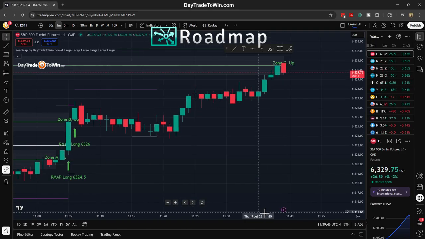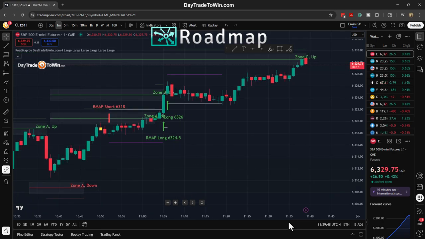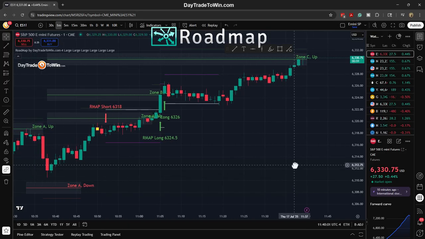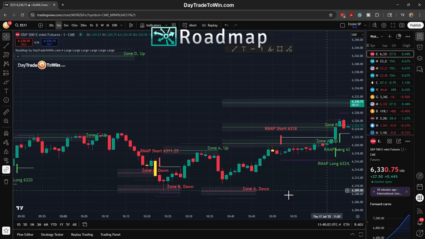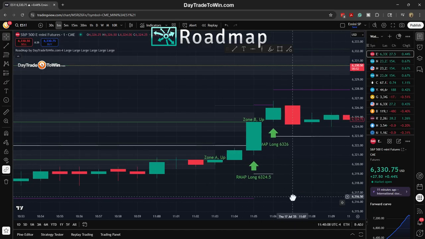And with the roadmap, you can see that the same thing is occurring. The market is coming into these zones, pausing, coming to these zones, pausing and continuing, going into these zones and continuing. So the roadmap is working on the TradingView version as well as NinjaTrader.